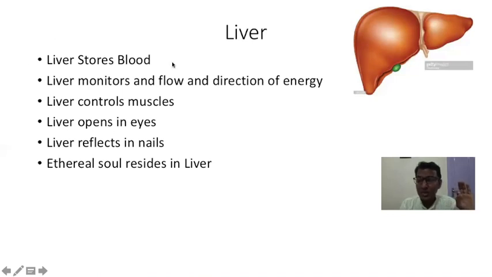The second thing is that the liver monitors and flows the different directions of energy.